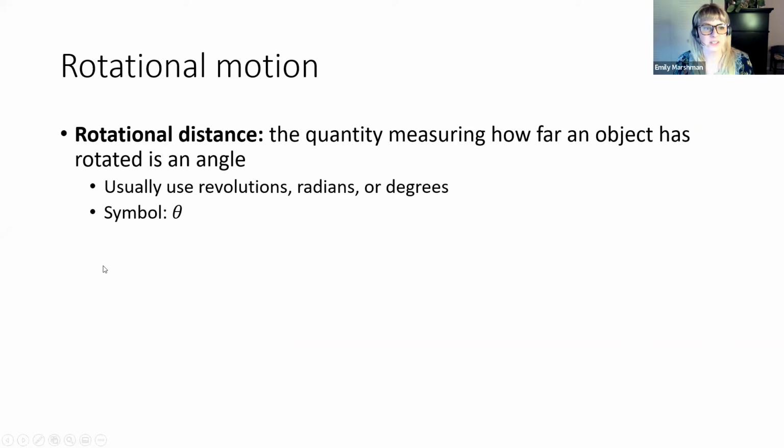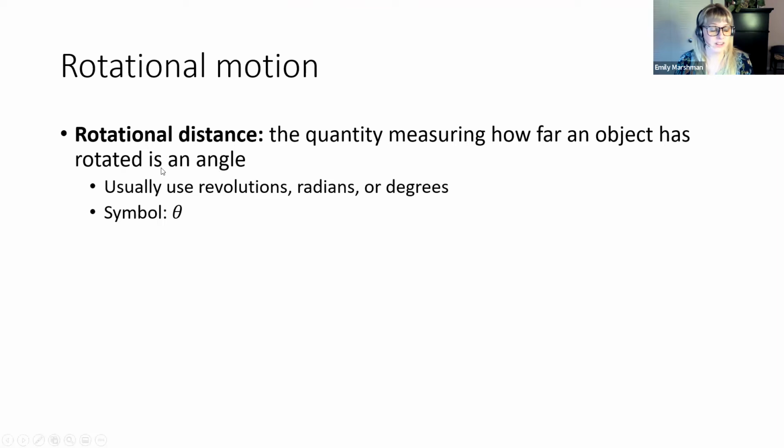So the first thing we need to discuss when talking about rotational motion, how much an object rotates by, is rotational distance. This is the quantity for measuring how far an object has rotated, and that's an angle. So when we talked about linear motion, we just said, hey, the object moved 10 meters. That was the distance that the object moved.